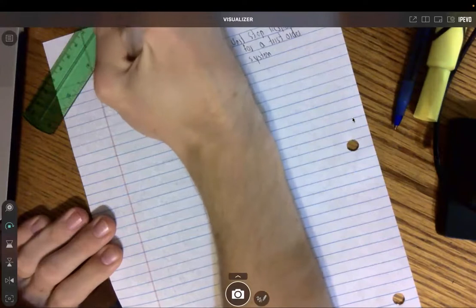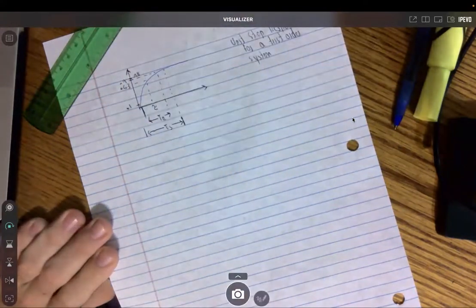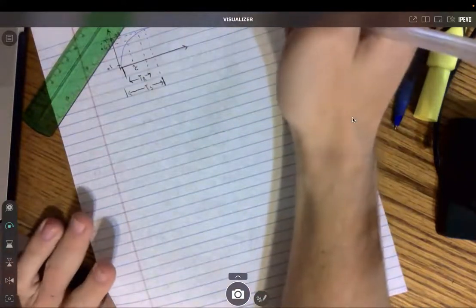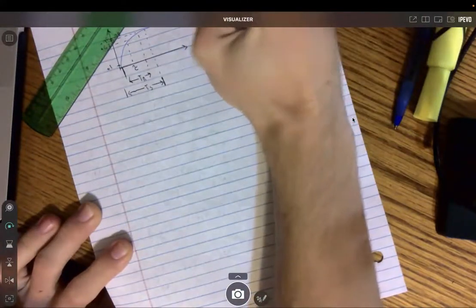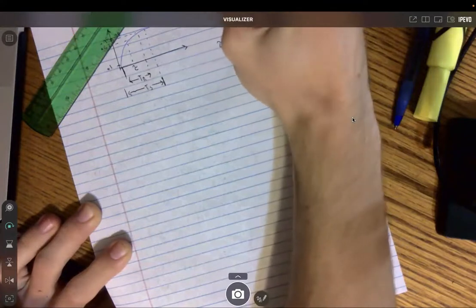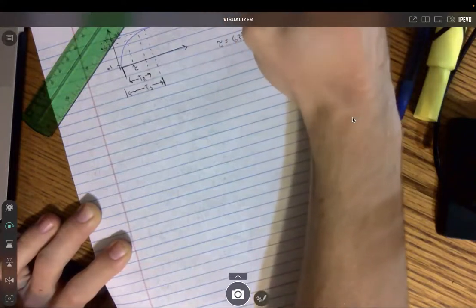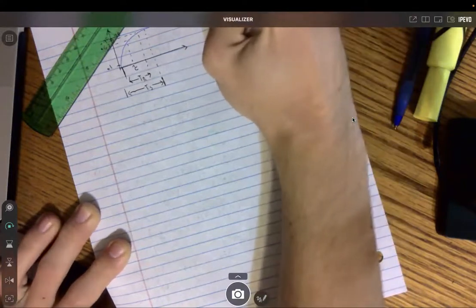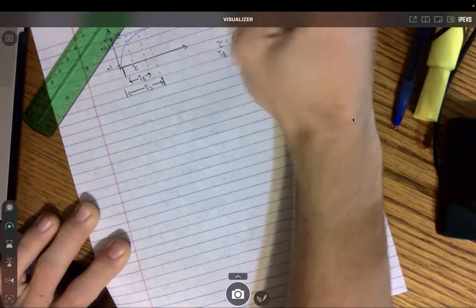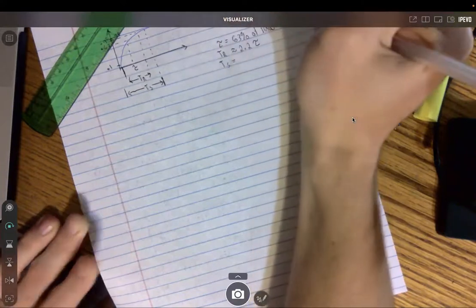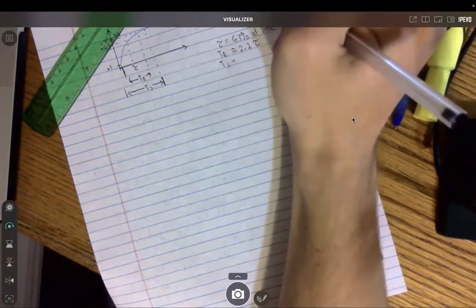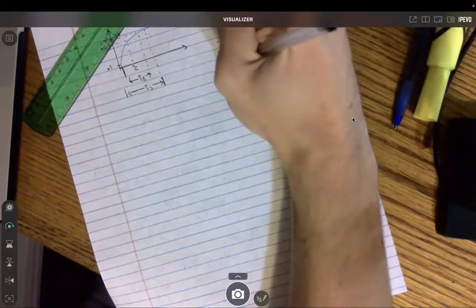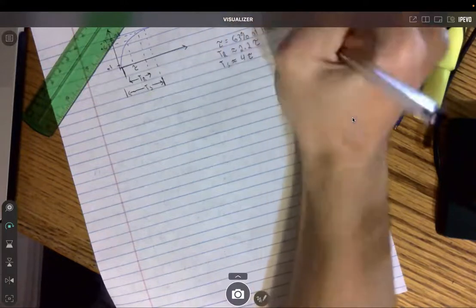We need to define these so we have them. So τ is equal to 63% of the final value. The rise time is approximately 2.2 times τ. And the settling time, the amount of time to reach 98% of the final value, is approximately 4τ.